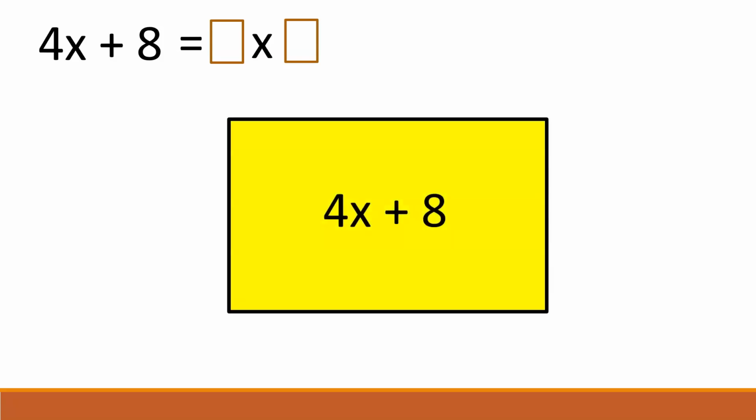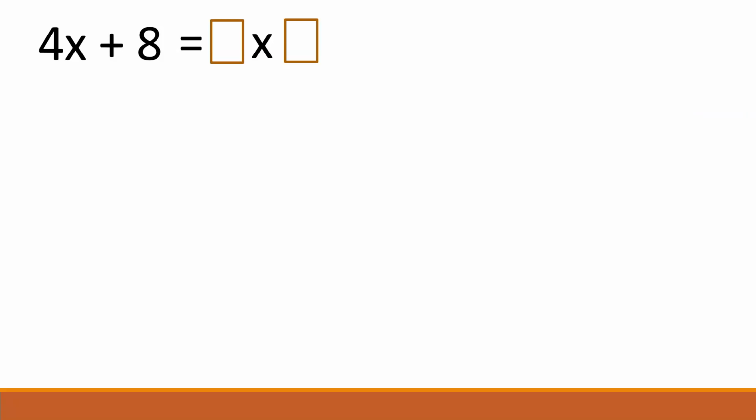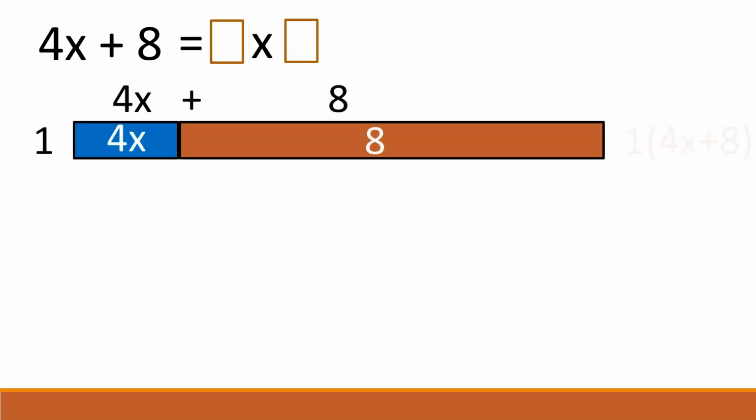And in terms of our area model, it means that 4x plus 8 is the area, and we want to find the length and the width that we would multiply to give us the area of 4x plus 8. Just like with numbers, there may be more than one combination of dimensions that will give us an area of 4x plus 8. So let's see if we can draw some pictures and see those possible dimensions.